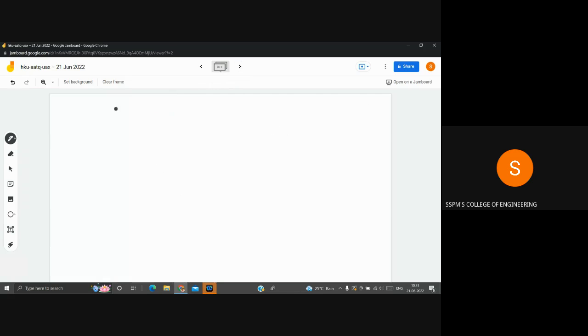Okay, see the next example here: limit as x tends to pi/4 of 1 minus tan of x upon 2 minus sec square x.